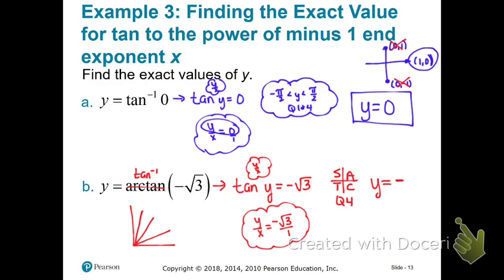Be careful because when we did all of our angles for quadrant 1 and everything, they were all over 2, but this doesn't have an over 2. Why is that okay for tangent? Because it's y over x, and if they're all over 2, when we do keep it, change it, flip it, multiplying by the reciprocal, the 2's will cancel.